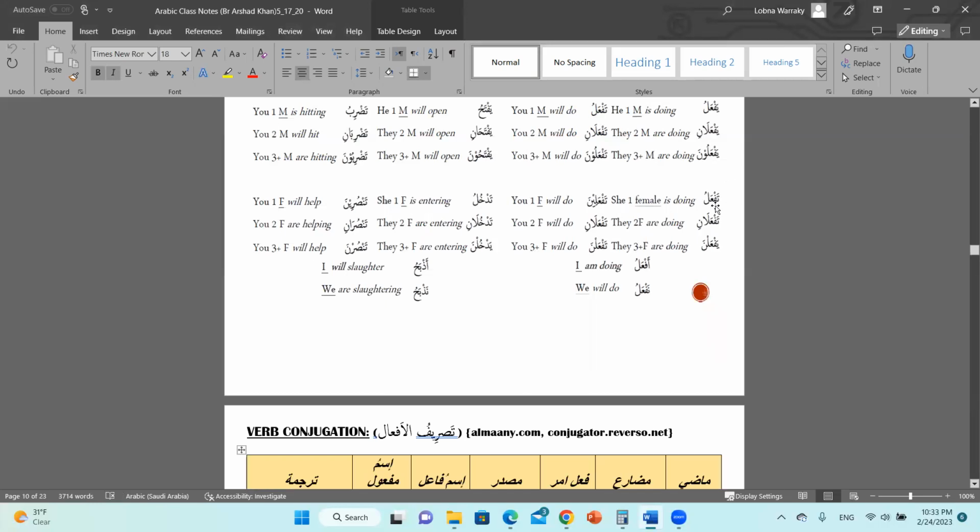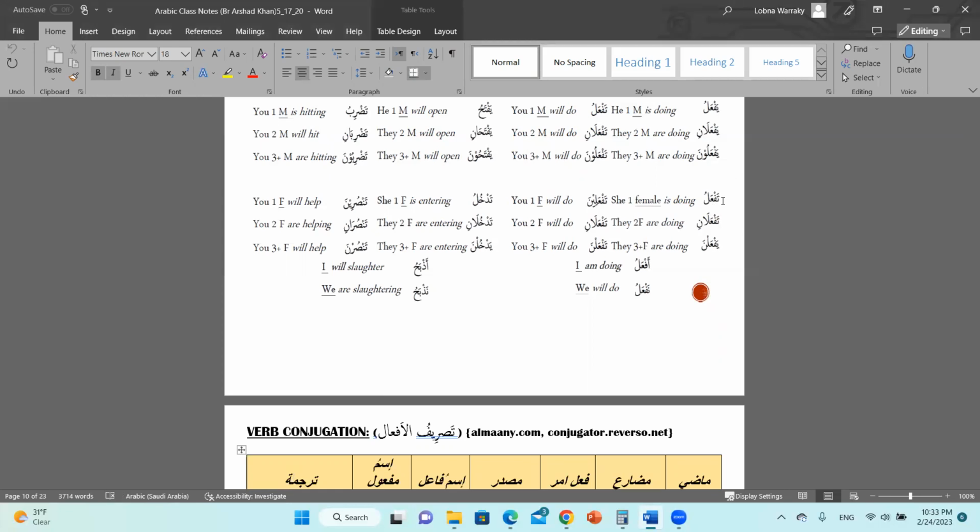Inshallah, once you look at the table and keep looking, you'll get it. So for female, when you say taf'alu, let's say I want to use ذهب as a root word: يذهب محمد إلى المسجد, but I want to say Zainab is going to the masjid. So I'll say تذهب زينب إلى المسجد. So the ta is also used for you going. It's also used for she is going, but it depends on the sentence.